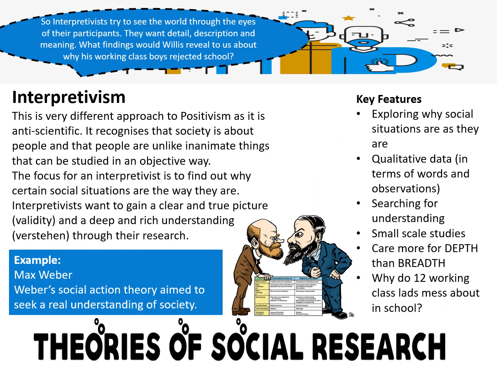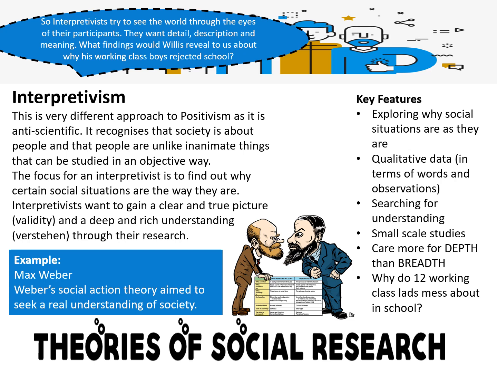On the very opposite scale then is another theoretical perspective in sociology, and this is interpretivism. And it can be described as anti-scientific because these kinds of sociologists are saying that people can't be studied in the kind of scientific way that the positivists thought they could be studied. What they're after, these interpretivists, is a really deep and thorough understanding of the social situation.